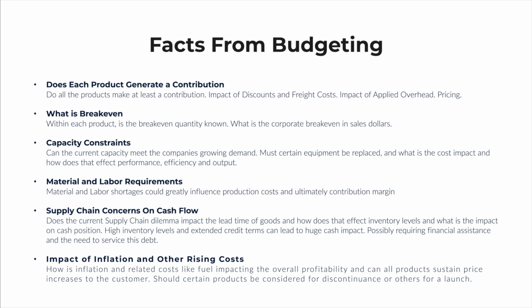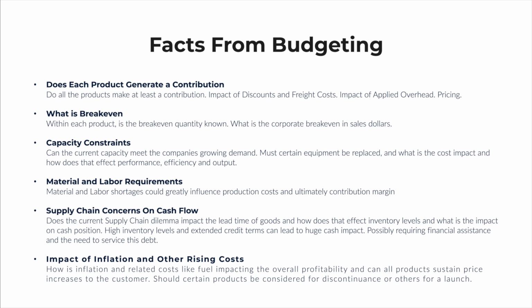So what are the facts that we can glean from budgeting that go into this function? Number one, management accounting helps to define whether or not each product generates a contribution. Now, in this instance, it is imperative that all products at least make a contribution.